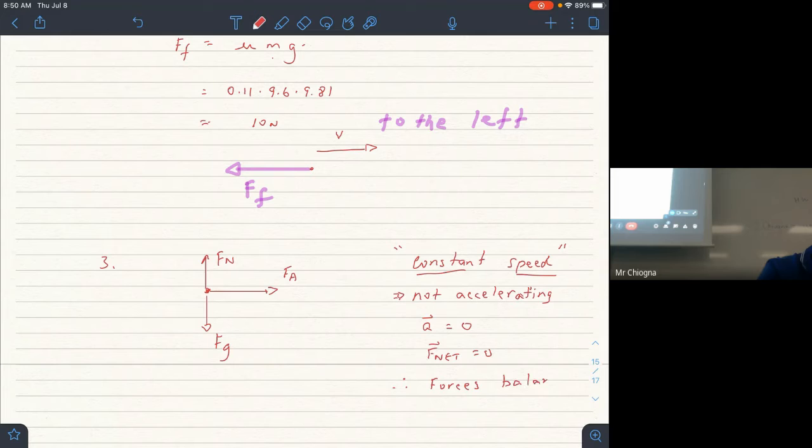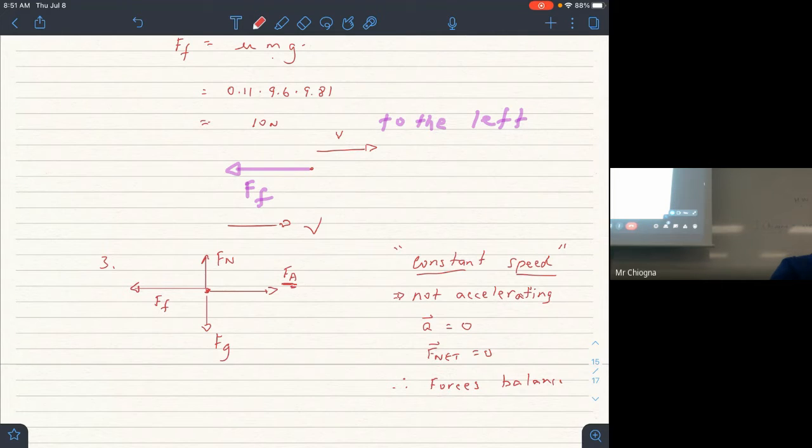Which forces? Well, it's moving this way. Moving to the right, it could be moving to the left. Usually we just assume if they don't say anything, it's moving to the right. Which force is balanced? The force that's pulling on it balances the force of friction. I tried to draw it equal length. They should balance.